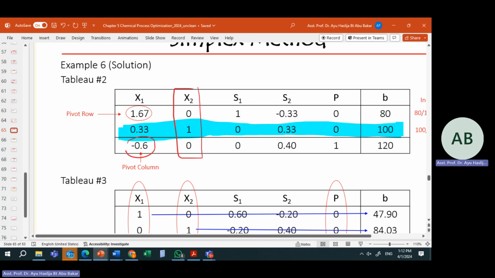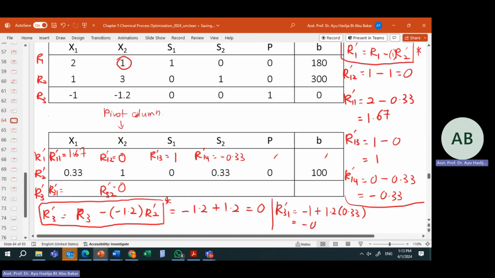Okay, so you should get this value, negative 0.6. That's how you get the value, negative 0.6.